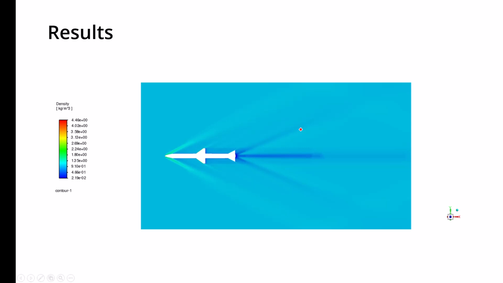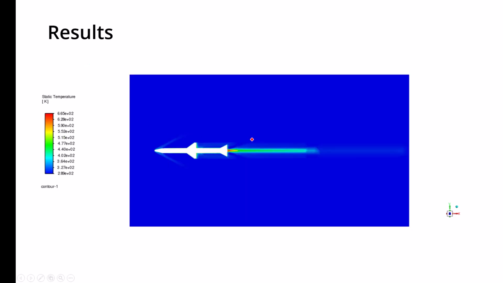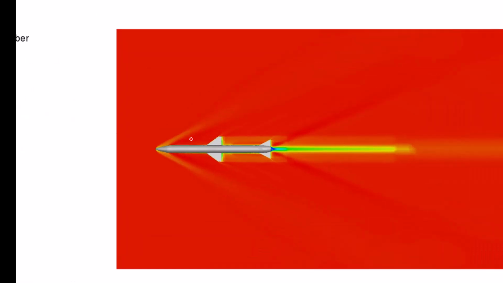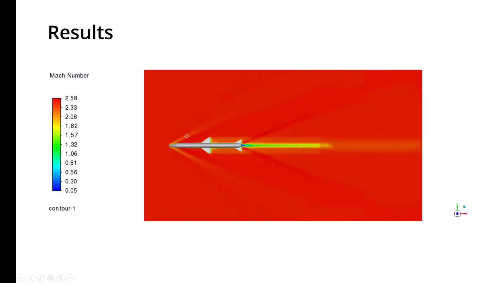The results are here. This is the density contours. You can see the static pressure contours, again the same behavior you can see here. The Mach number contours, we have the shock wave, and it's an oblique shock because of the cone angle, and it's not a very strong shock wave here, and also the angle is very small.